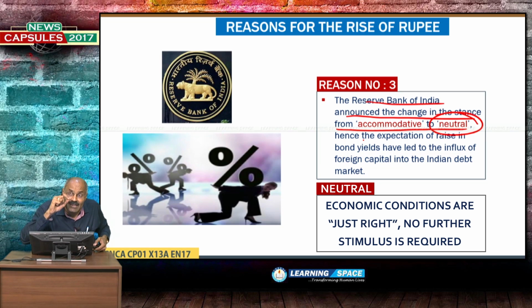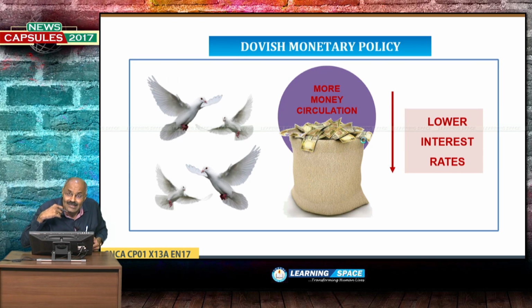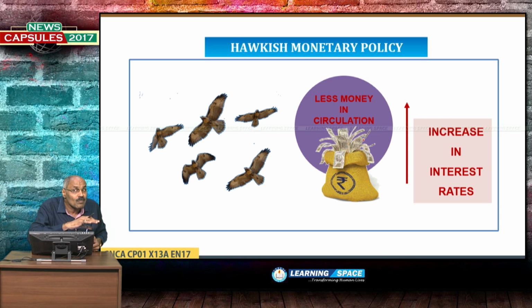So, the Reserve Bank of India shifted from accommodative to neutral with the expectation that bond yields will increase. That's why foreign capital is flowing into the Indian debt market. That is another reason.